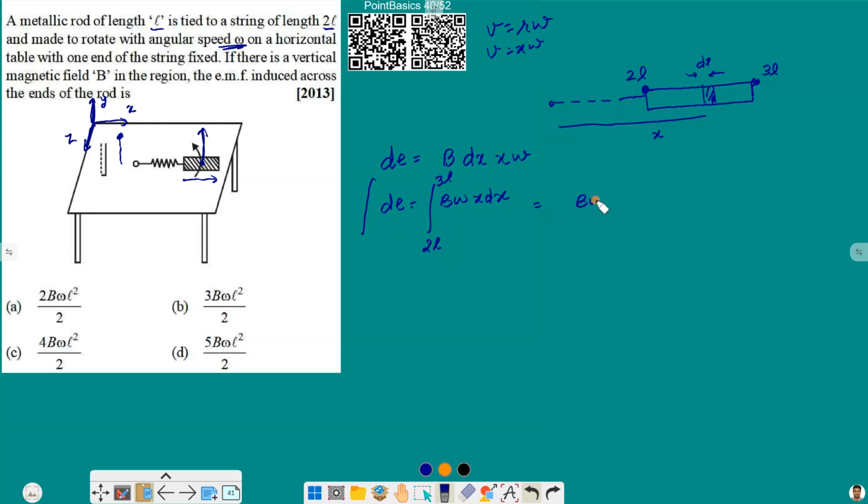So it will be B omega x square by 2, from 2L to 3L. So B omega by 2 into 9L square minus 4L square. So 5 by 2 B omega L square. Option D will be the right answer here.